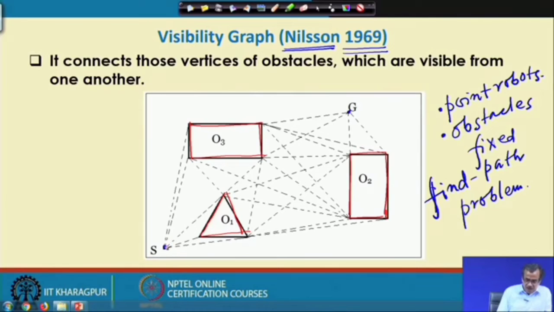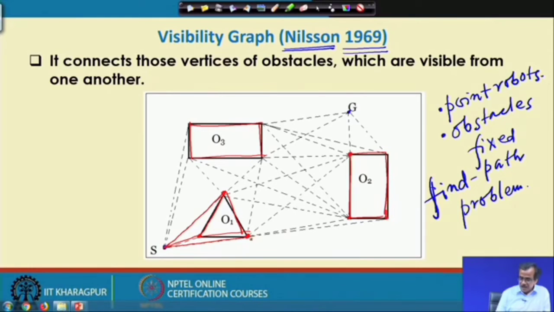Now, let me start from here and let me try to look towards the goal. Starting from here, if I look towards the goal, this particular vertex is visible, this is also visible, this is also visible. So, you draw one line here, another line here, another line here. Now, you come back here. From here you look into this: this vertex is visible, this vertex is visible, this is also visible.